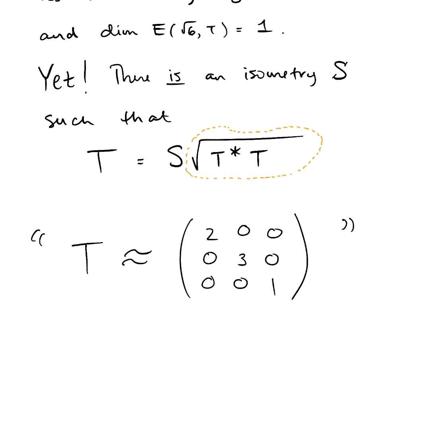So T is S times that matrix for some isometry S. Okay, so in that sense, T kind of is sort of nice. And these numbers right here, those numbers give some kind of description of T in which T is nice, and they have a special name.